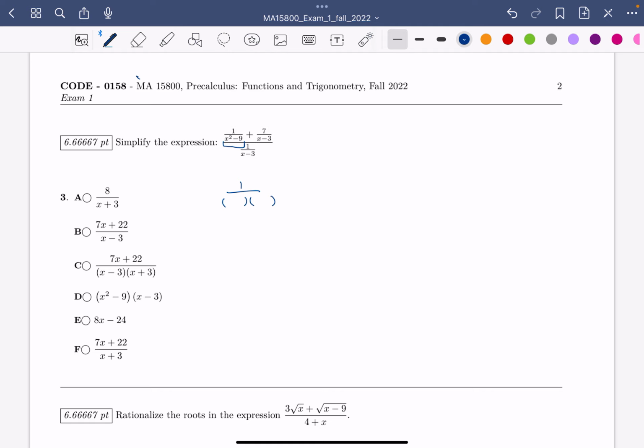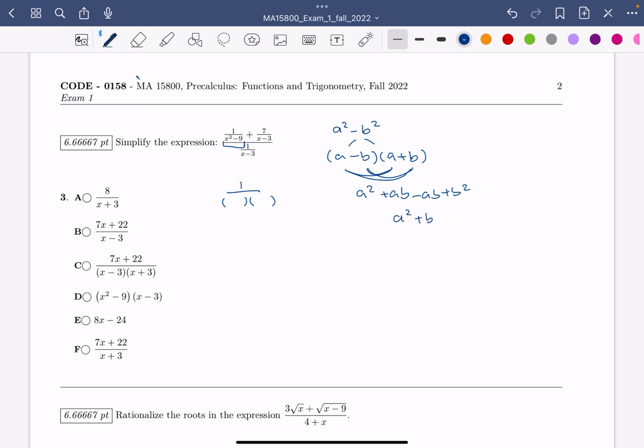Well, super neat trick with these ones. This is called a difference of squares. Difference of squares shows up as this, a squared minus b squared, and then that splits into a minus b and a plus b. So you can actually test this. You can see that if we distribute, right, you get a squared and then plus ab minus ab, and then minus b squared, leaving us again with a squared minus b squared.